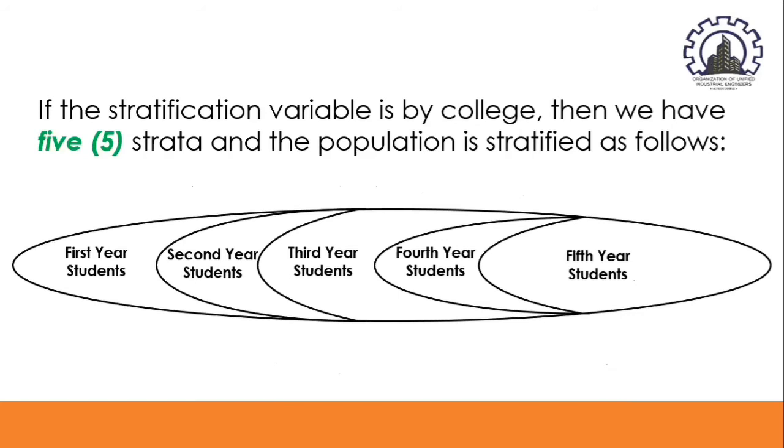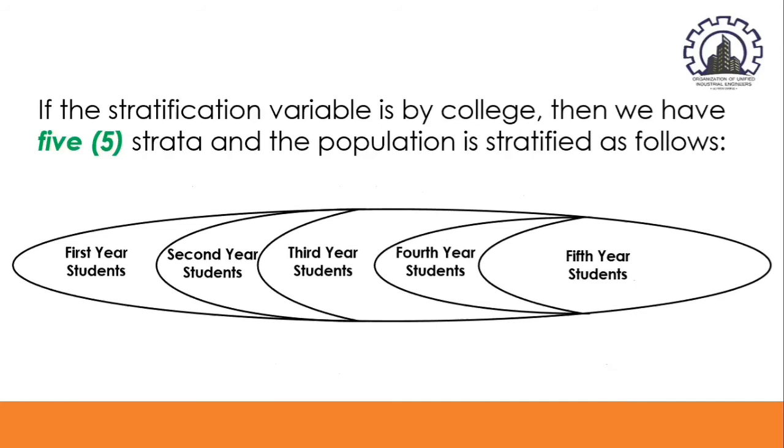So these are our strata. We divided it into subpopulations: first year, second year, third year, fourth year, and fifth year students. Okay, so this is the stratified random sampling technique.